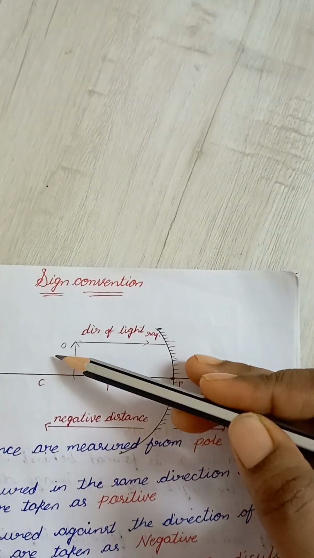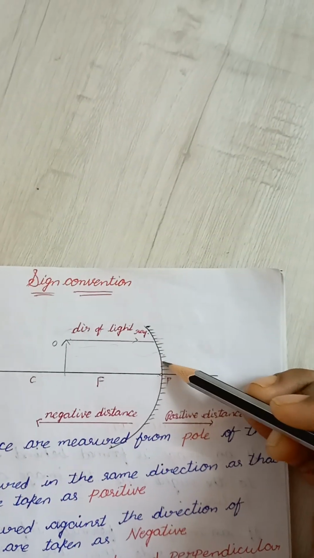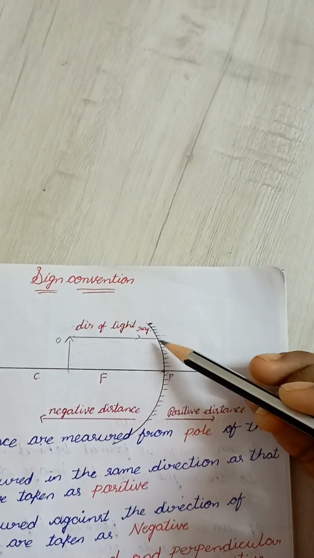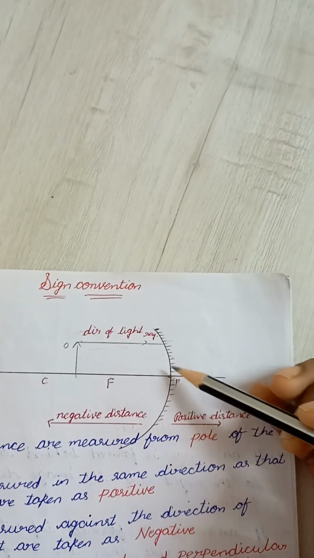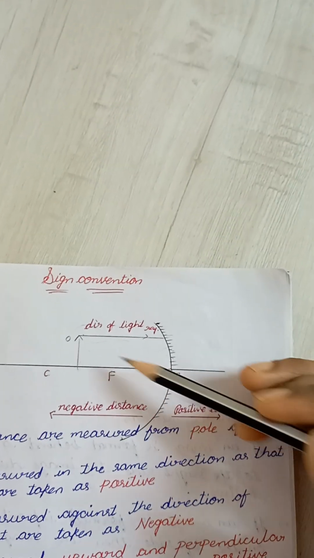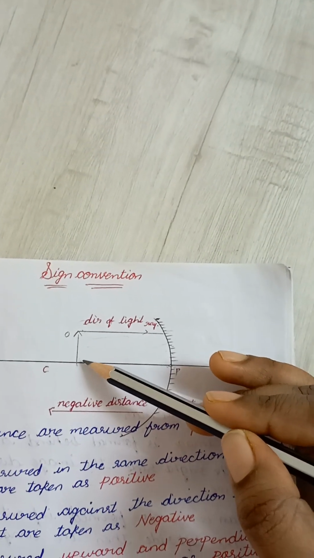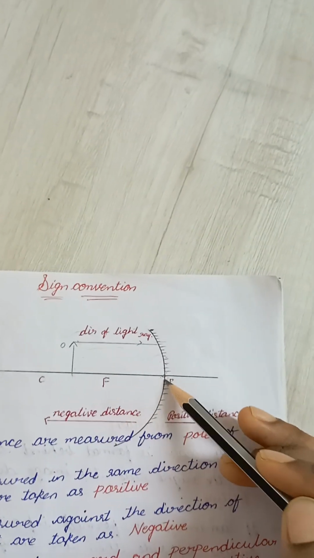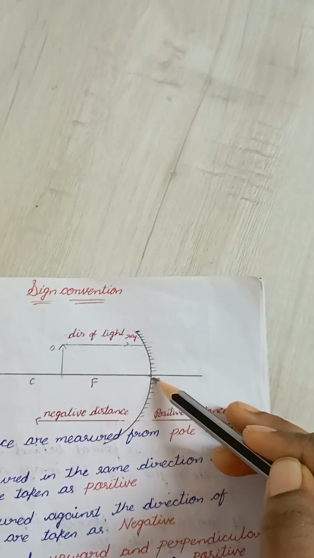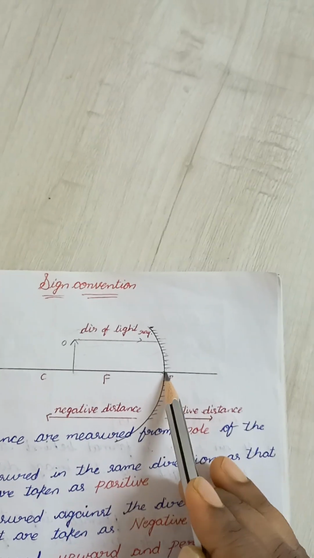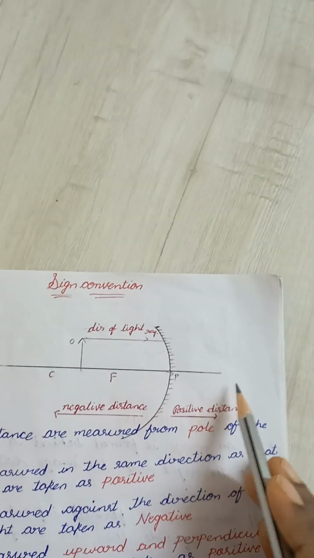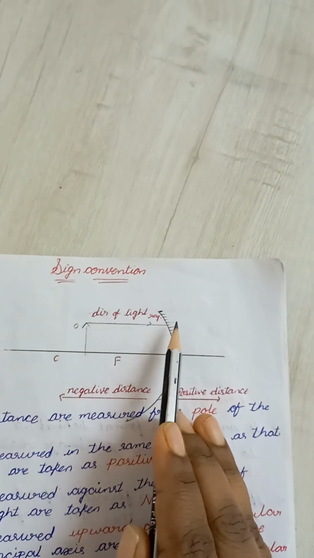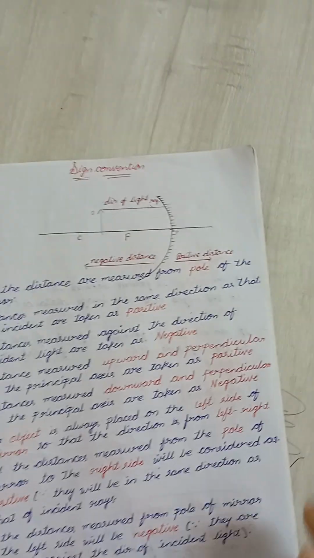The object is always placed on the left side of the mirror. So the direction is from left to right. All the distances measured from the pole of the mirror to the right side will be considered positive, because they are in the same direction as the incident ray.